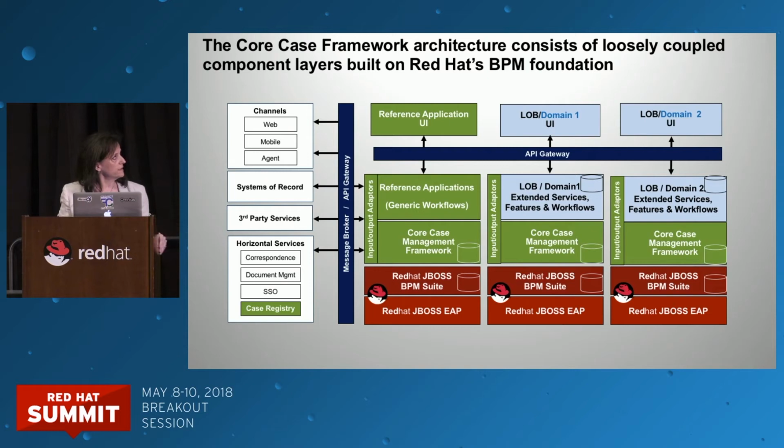This view here is a component view that shows how the framework was developed on loosely coupled component layers. At the bottommost layer, you've got Red Hat EAP, on top of which you have the Red Hat JBoss BPM suite. On top of that, you have the case framework that we were just talking about.